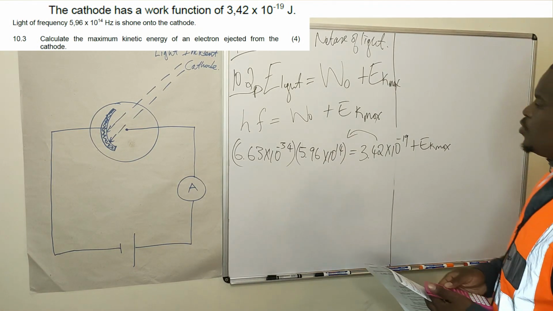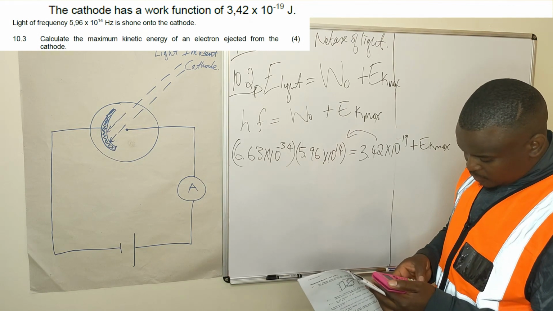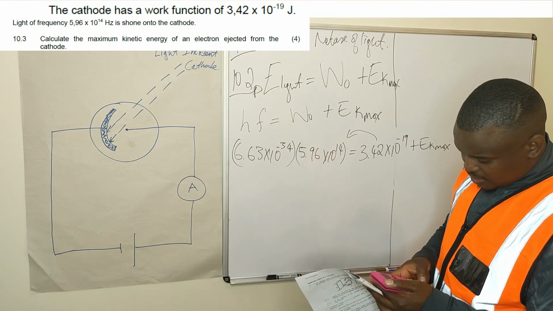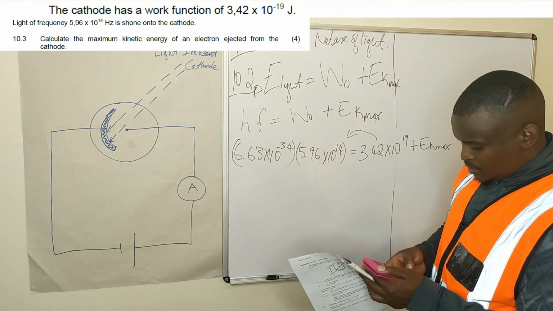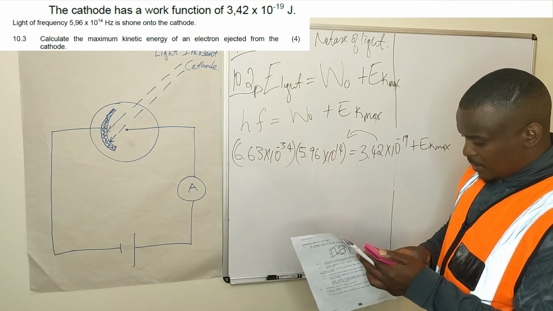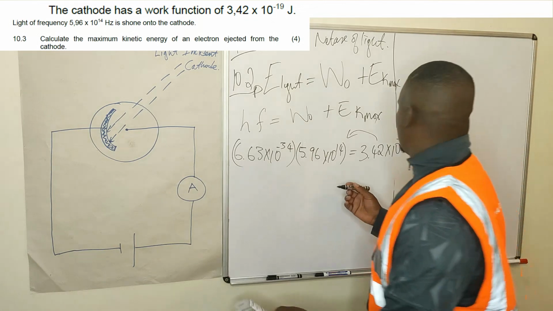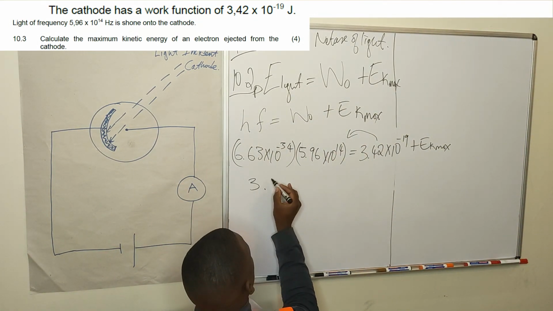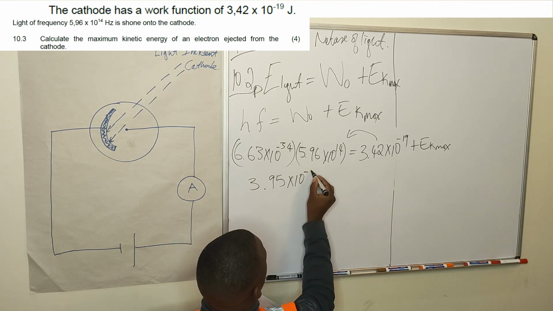So first thing we do, we punch this on our calculator. 6.63 times 10 raised to negative 34, times 5.96 times 10 to the power 14. So what we have is 3.95 times 10 to the power minus 19.